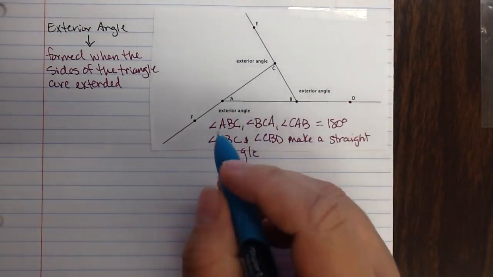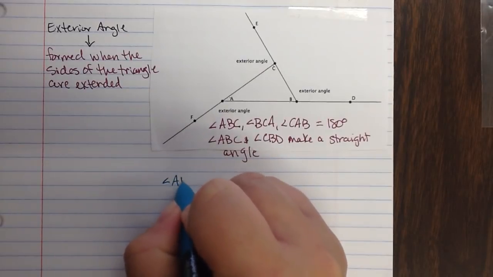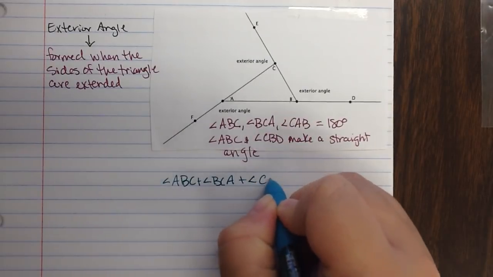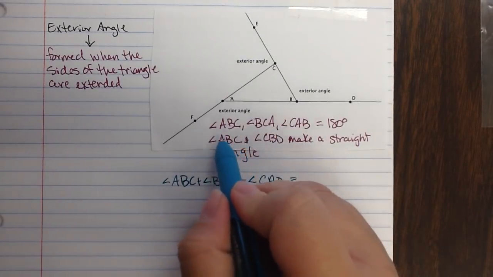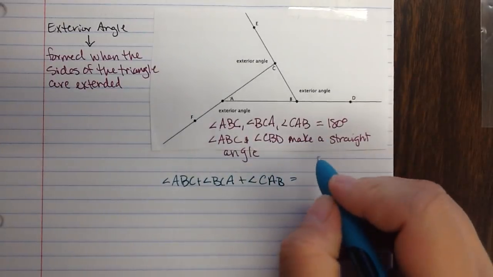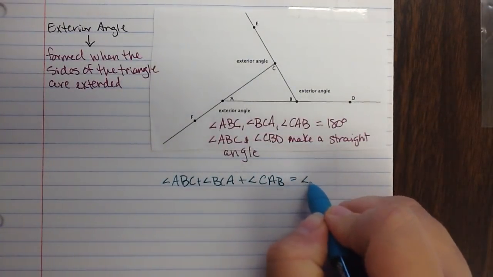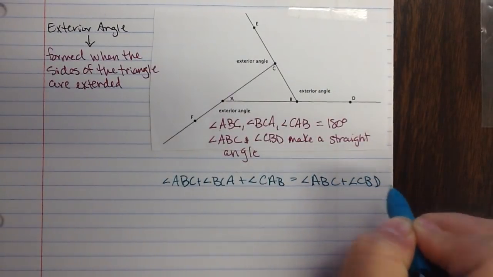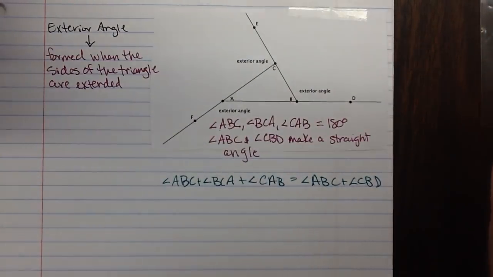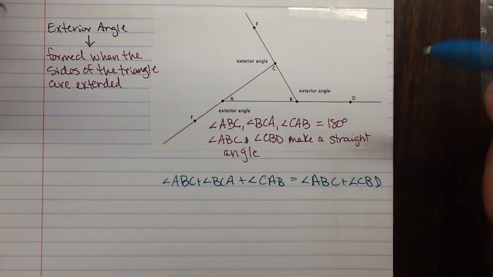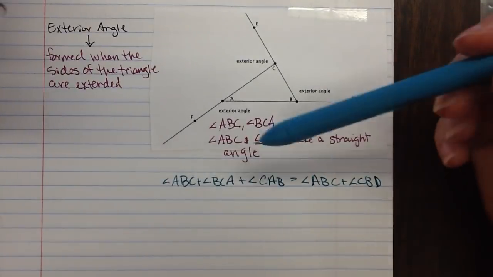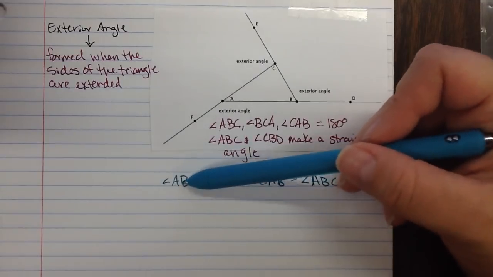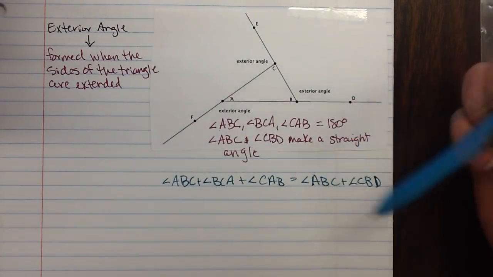So angle ABC plus angle BCA plus angle CAB equals, since both equal 180, angle ABC plus angle CBD. Which angle do we have on both sides? We have angle ABC on the left, and angle ABC on the right.